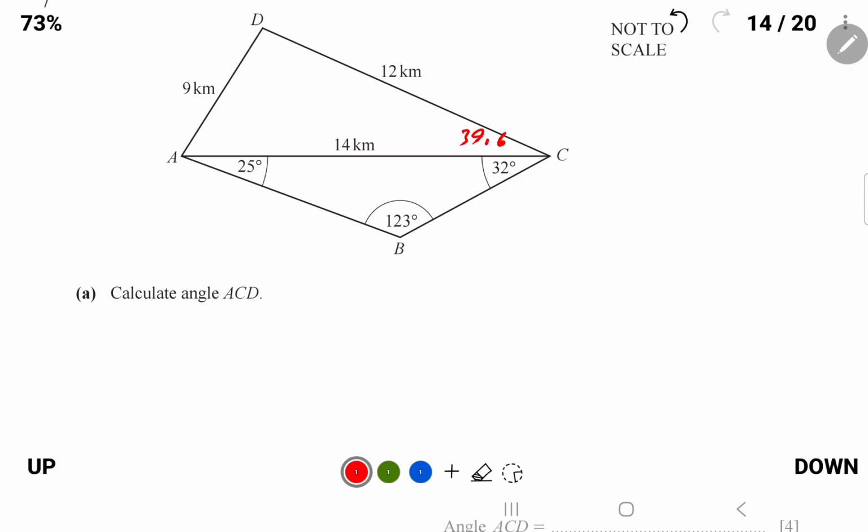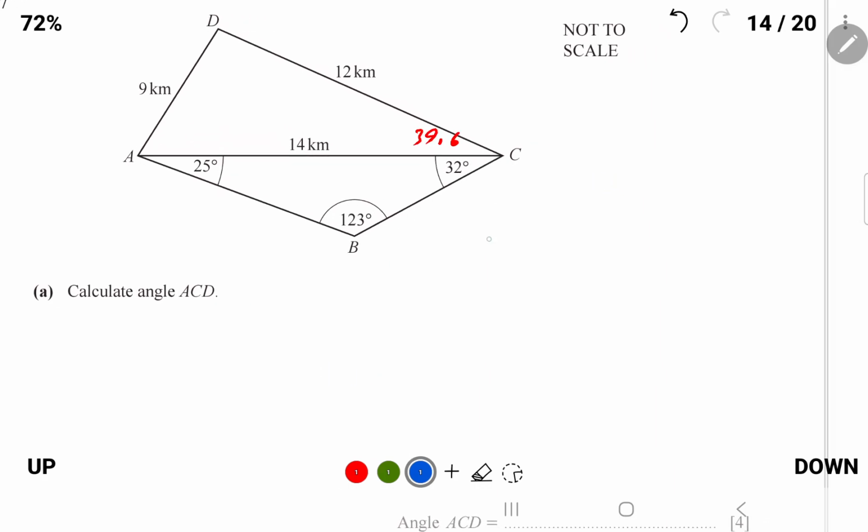Now to calculate BC, we can use sine rule. So BC divided by sine 25 is equal to 14 divided by sine 123.